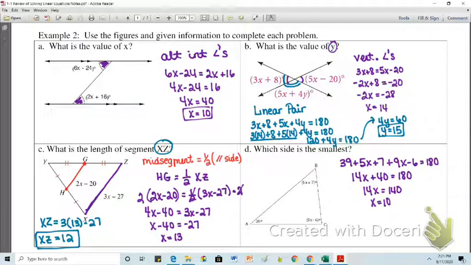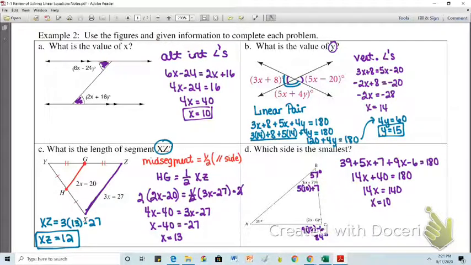Now, since I know what x is, I can figure out what each of the angles are. So angle B, 5 times 10 plus 7, that's 57. Down here, I have 9 times 10 minus 6, that's 84.